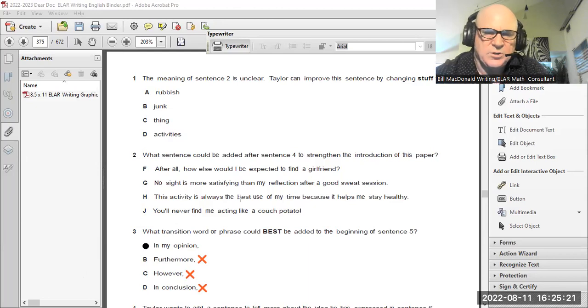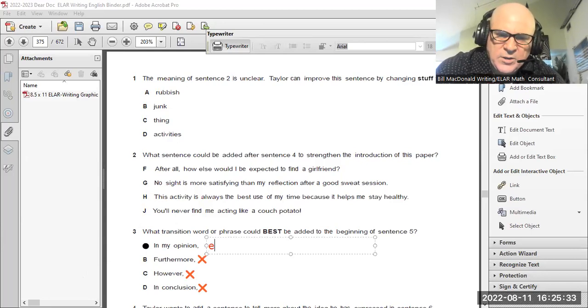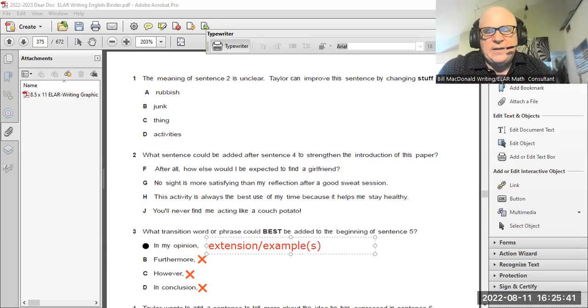So what I suggest that you do every time that you're doing something that maybe you think is a little harder, instead of doing your next question very quickly, do a quick, what I call an extension, where your kids can give you an example or a few examples of a statement, in my opinion. And that's personal point of view, first person. So it's cool, whatever they write, because it's just their opinion. It's just the way that they view the world.